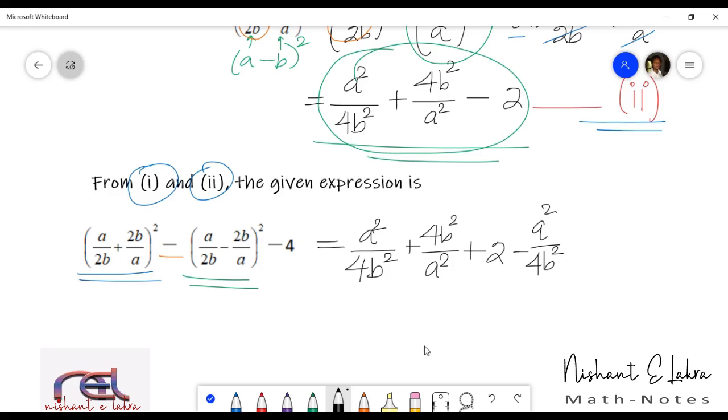Now look into this very carefully so that you do not get confused, and you should have pen and paper in front of you so that you also try doing this without getting confused. So this is what we get after we replace the first equation and the second equation, and the last part from the expression that is given in the question is minus 4. That is what we are writing as minus 4 after we have written down the expansions.